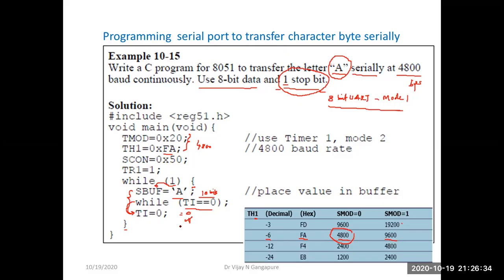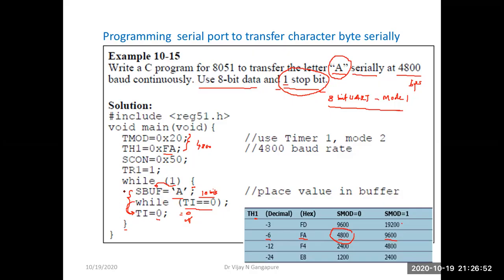Here we are resetting this TI flag bit, which was set due to transmission of this character A byte we loaded into SBUF. Again we are resetting this TI flag bit to 0, and the loop will be repeated.